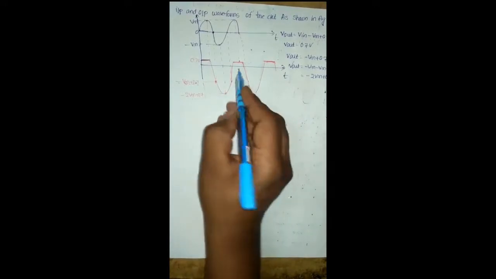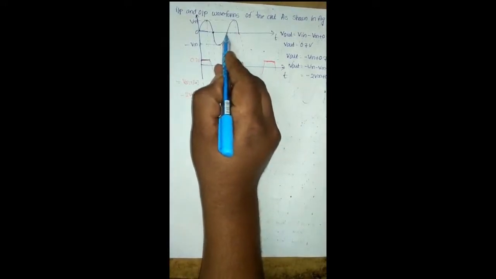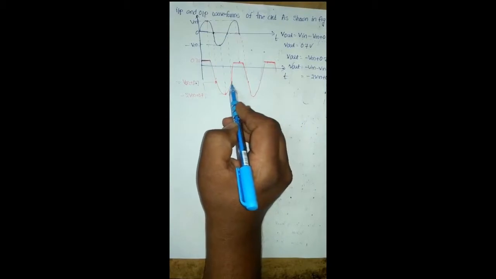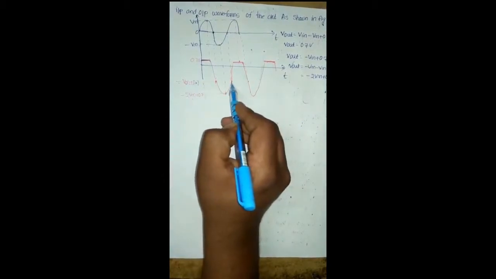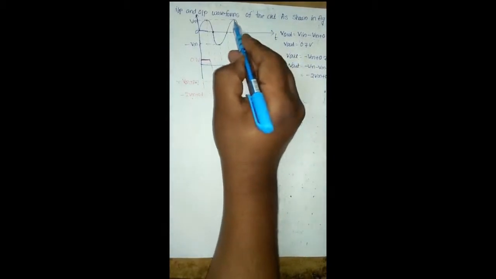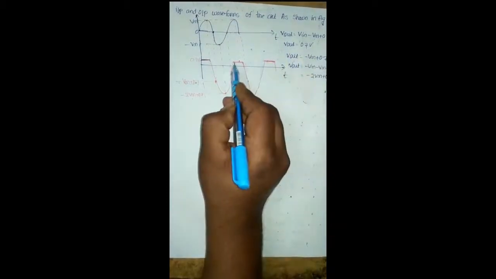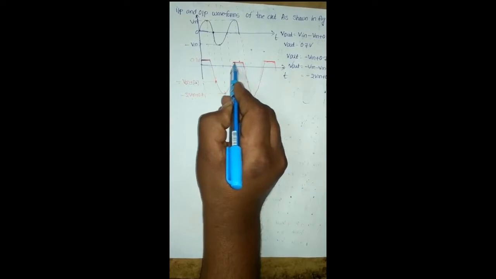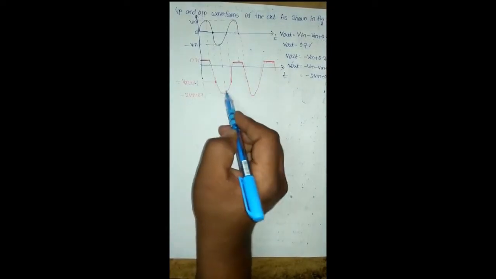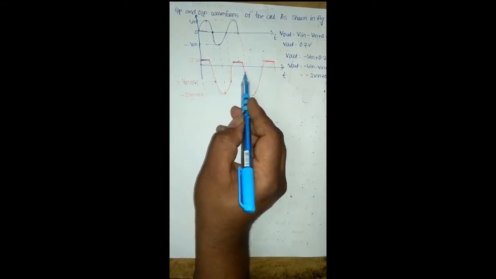Again we give the input voltage equal to 0, and we get the output voltage equal to minus Vm plus 0.7 volts. And again at this instant we get the output voltage equal to 0.7 volts. In this way we get the output waveform of the negative clamper circuit.